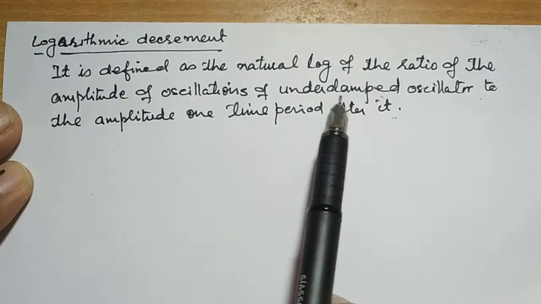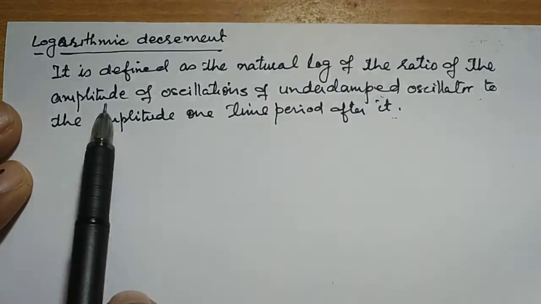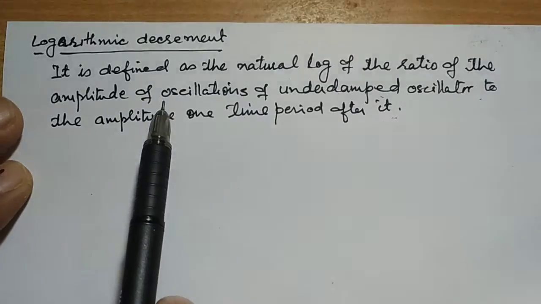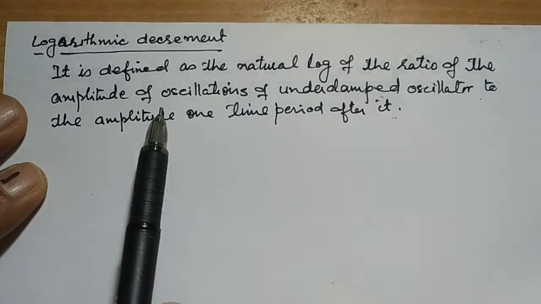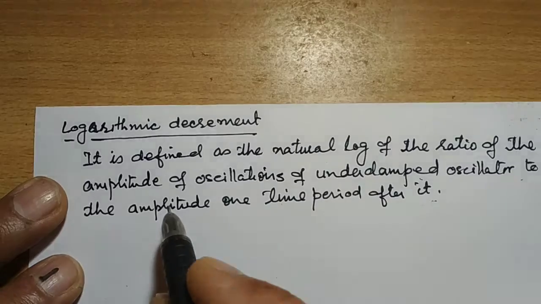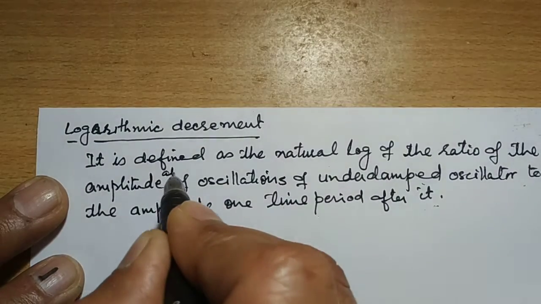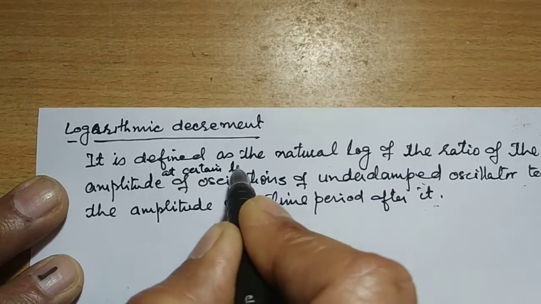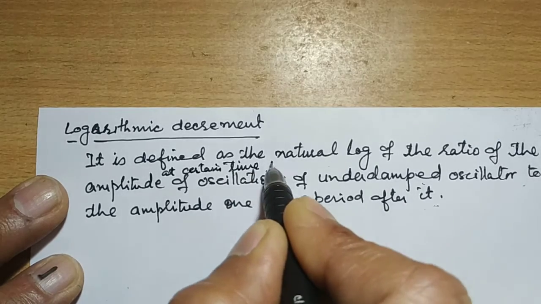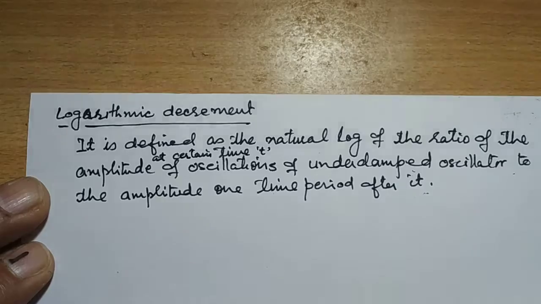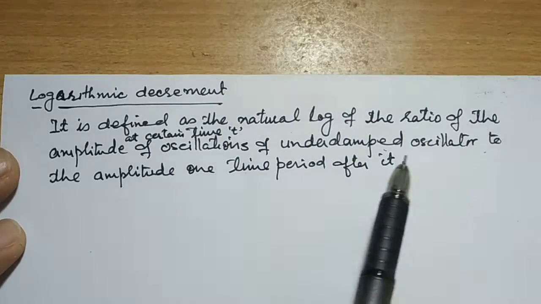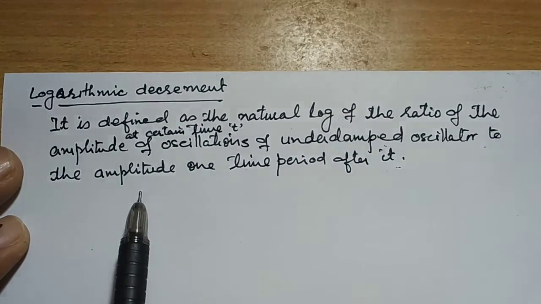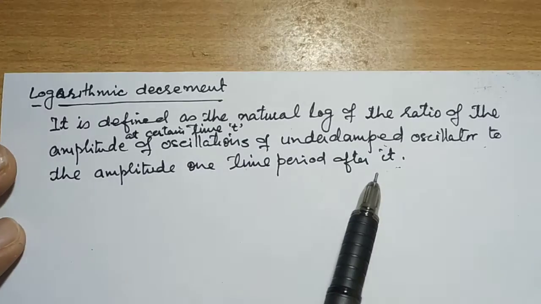It means you have to take the amplitude at a certain time, say t, and divide it by the amplitude one time period after it.